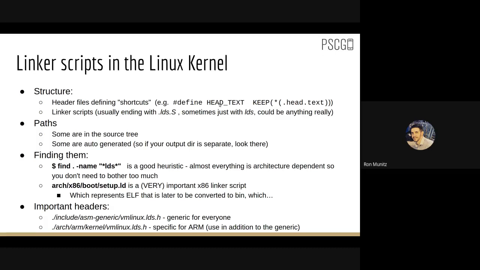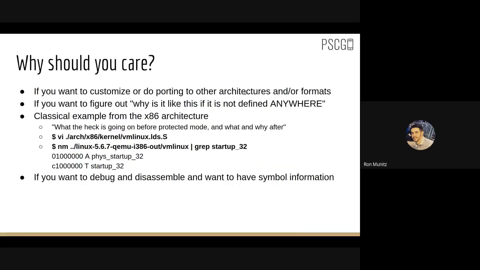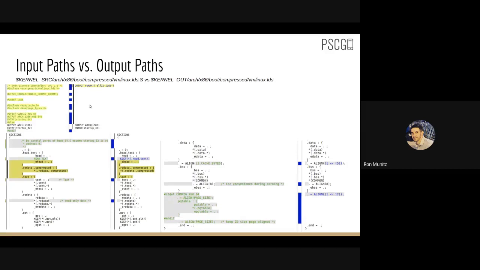Then in the kernel, you will a lot of times see in the linker script something like add text, and there are all kinds of linker scripts and also definitions for linker scripts in the input directory of the kernel, that are going to be transformed into something that defines our fields and so on. If you want to look at how it looks, this is an example.